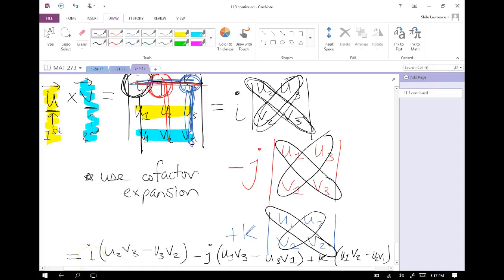And it's even better than that. So the I component is usually in what position in a vector? First position, okay? I is the first position in the vector. So the components we're going to use from our vectors are the other two, the 2 and the 3.